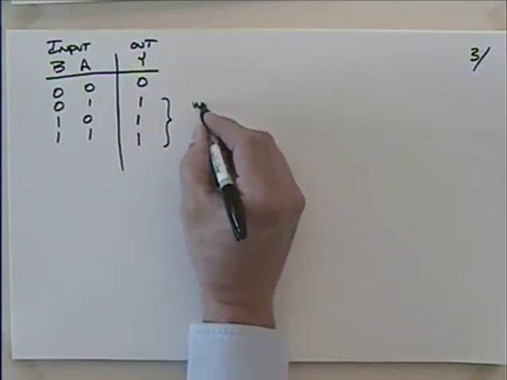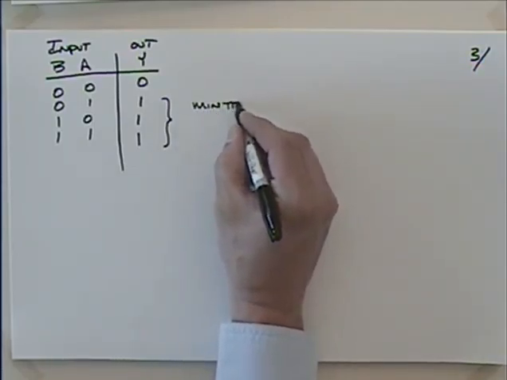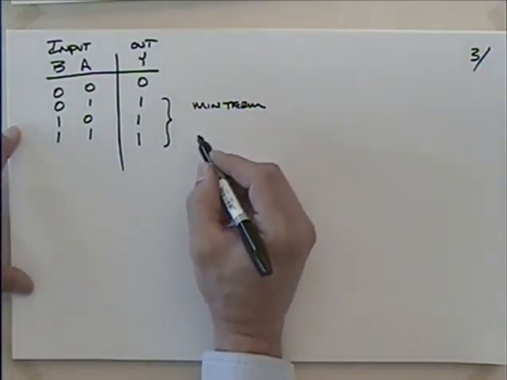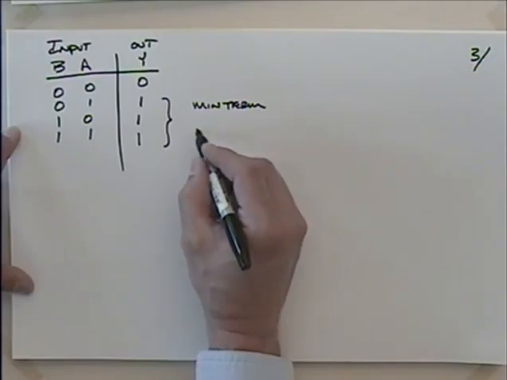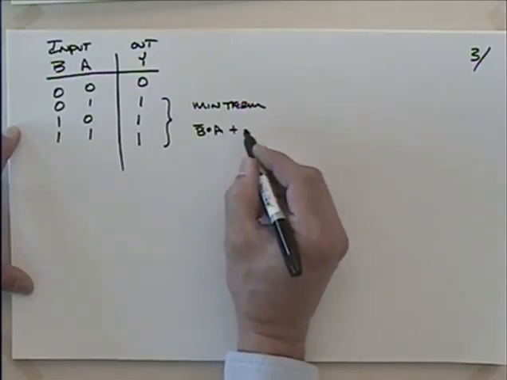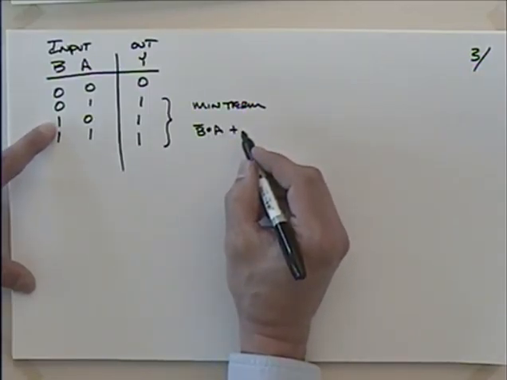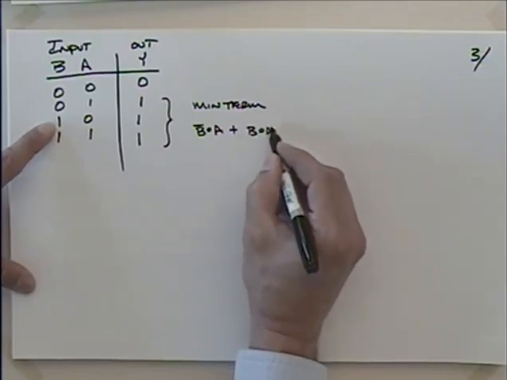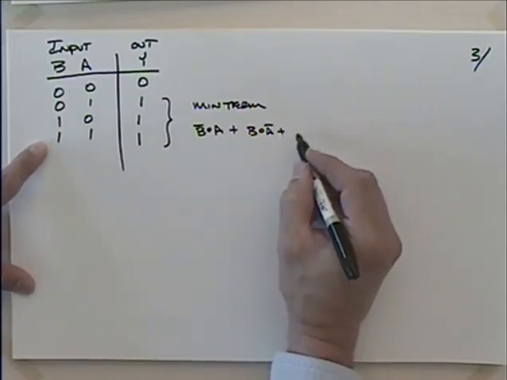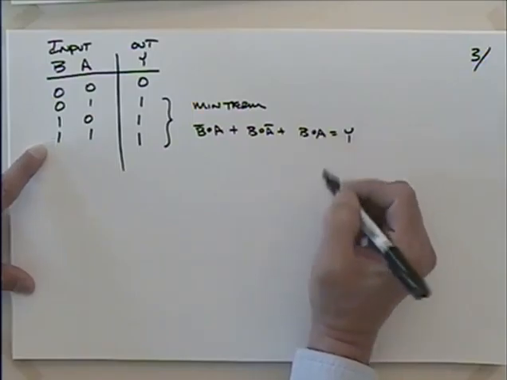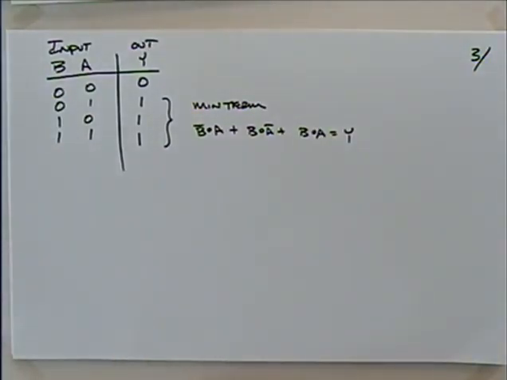So your min-term is going to look something like this. Not B and A, or not B and not A, or B and A. Is that right? Okay. So that's your min-term expression.